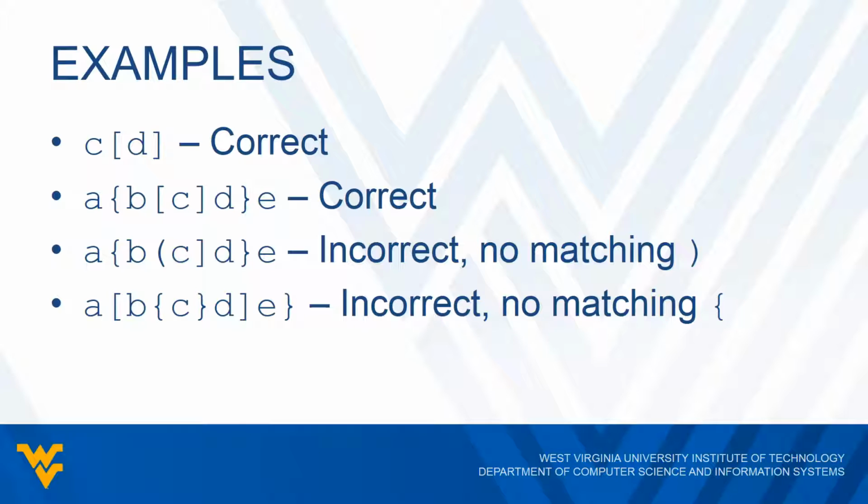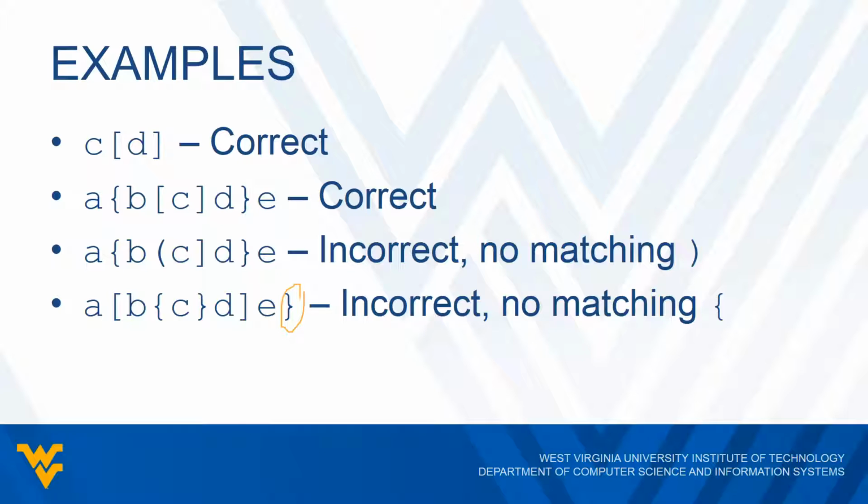This example is also incorrect because we do not have a left curly brace where that's needed. We see that we have this right curly brace here, so it's expecting a left curly brace somewhere. The square braces next to the B and the D are fine.